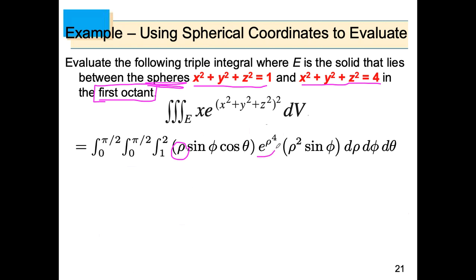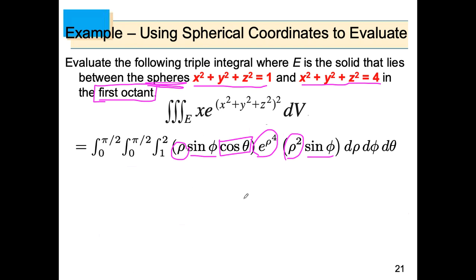I have a factor that is explicitly rho here, and here, and none of these factors have rho kind of baked into the cake. It's all explicitly rho. Also, notice I have sine of phi here and here. Again, both are factors that are explicitly phi. And finally, I have a factor of cosine of theta that is explicitly theta.